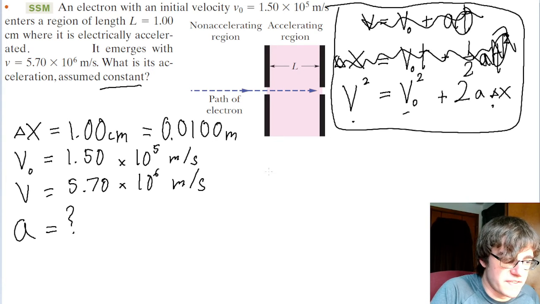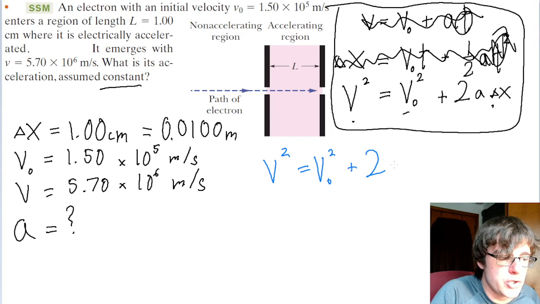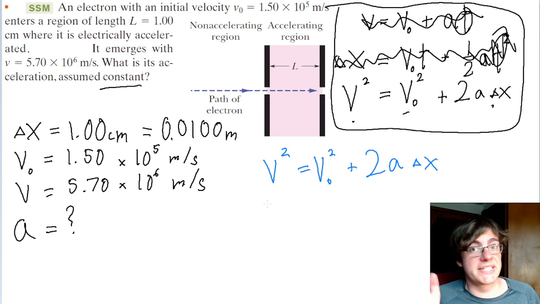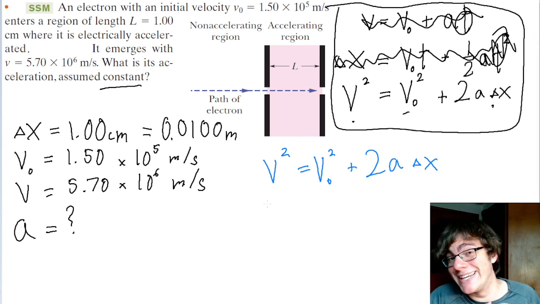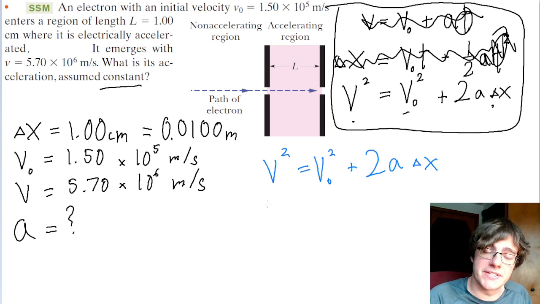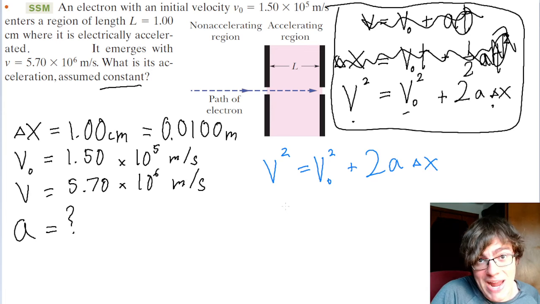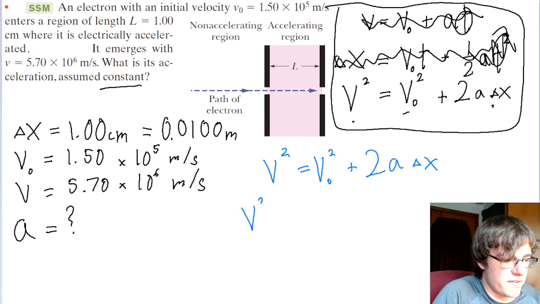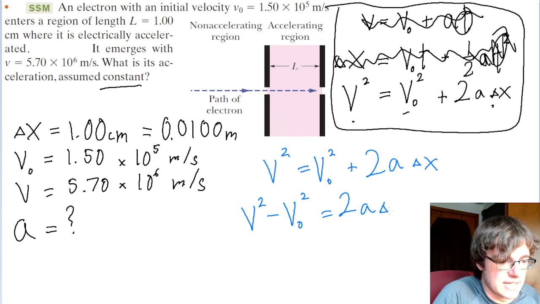So we're going to be using the equation v squared equals v naught squared plus 2a delta x. Because acceleration is what we're looking for, we're going to need to algebraically rewrite this equation to solve it for a. So we're first going to subtract v naught squared from both sides of the equation. So we'll end up with v squared minus v naught squared equals 2a delta x.